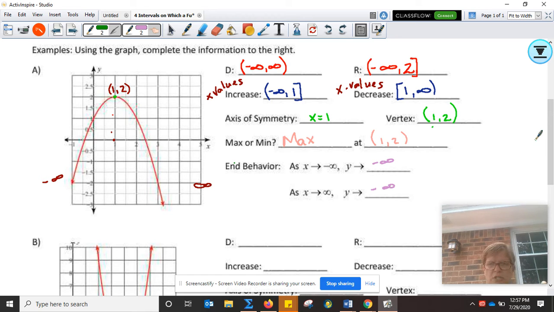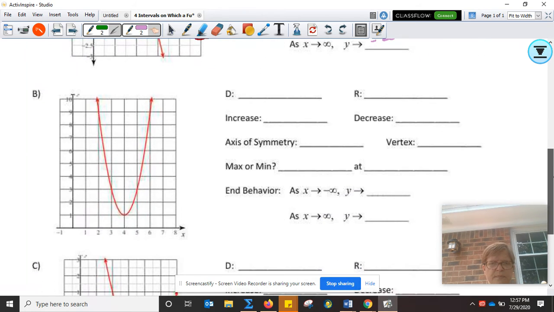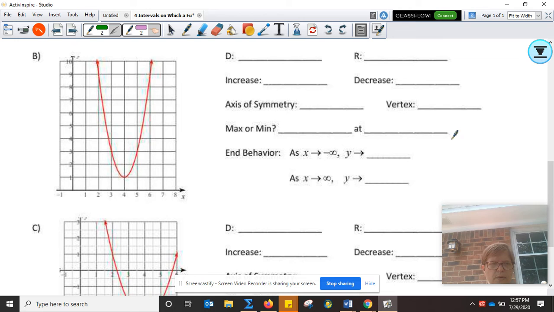Okay? So let's do b now. Okay? Your domain is your x values. So x values in a quadratic is always going to be all real numbers, or negative infinity to infinity.